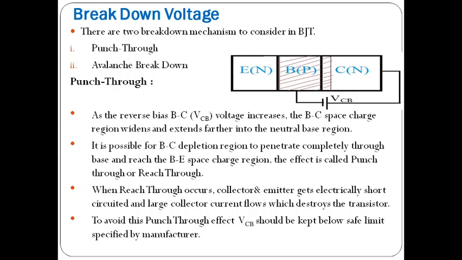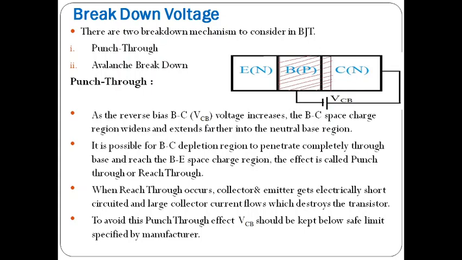So when you increase the reverse bias collector voltage, at some particular point the depletion region at the collector junction penetrates into the base and touches the emitter junction. So this is called punch through or reach through. It is reaching the emitter junction through the base.